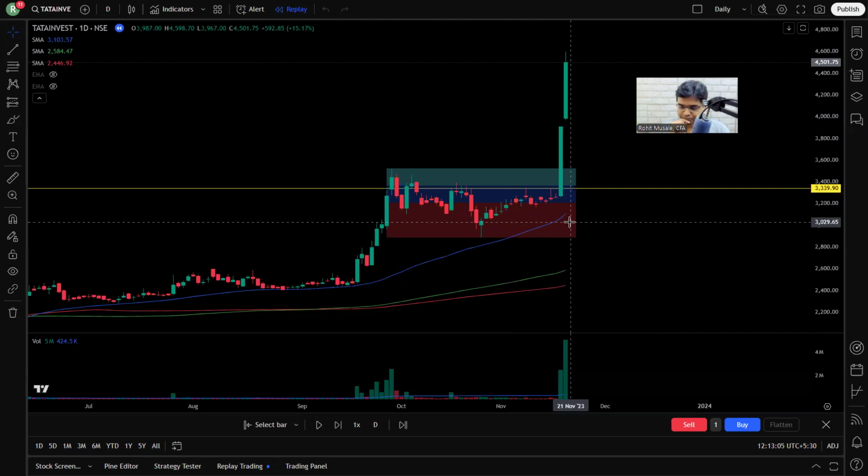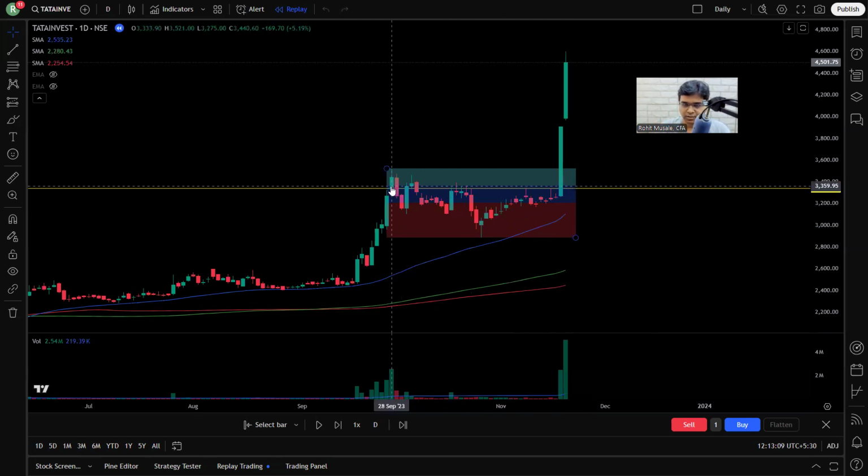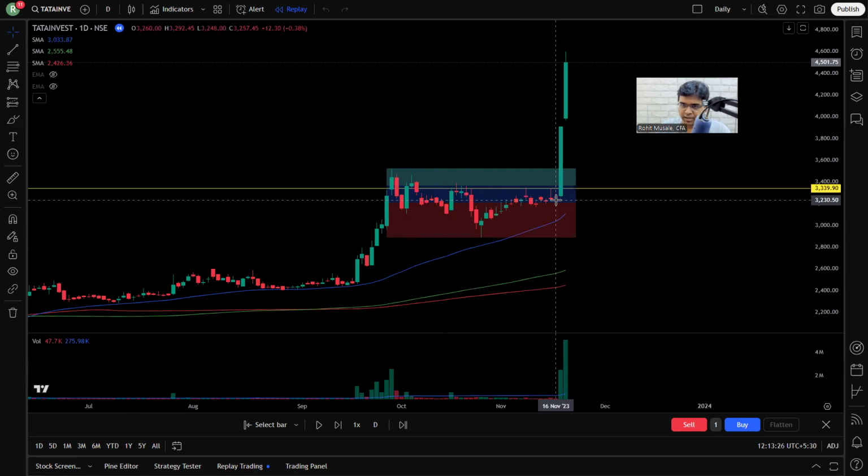That's number one. Number two, I had already discussed in a previous video how to identify point one in the base. So this is point one. The candle which completes point one, you ignore that candle and you start counting from the next candle. So from this candle, let us count how many candles are there before the stock broke out. How many candles are there in the base?